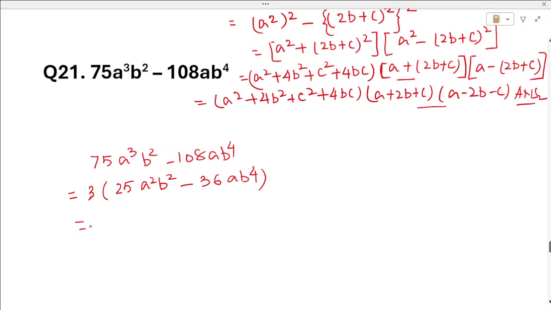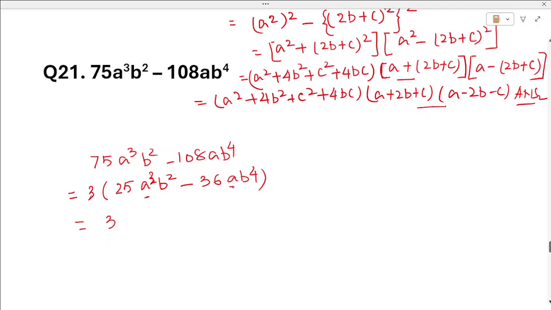Now it is very obvious that we can express it as a square. Here it is not a square, it is a cube. So before that, see a power cube and here it is a.